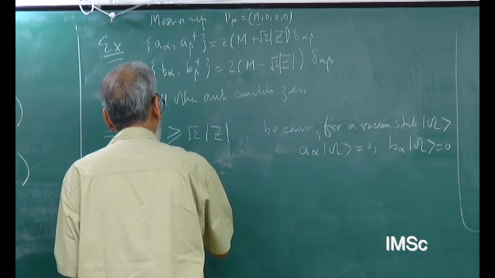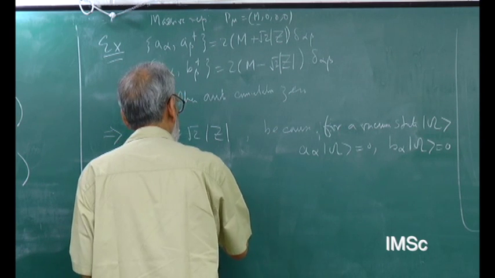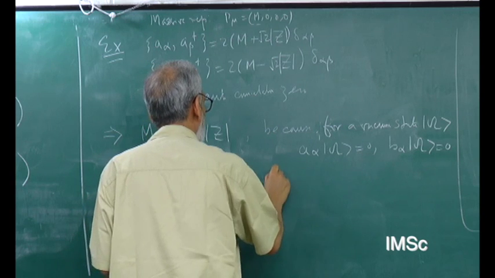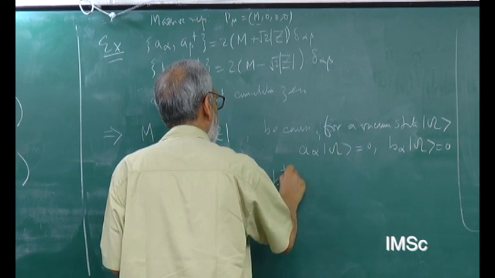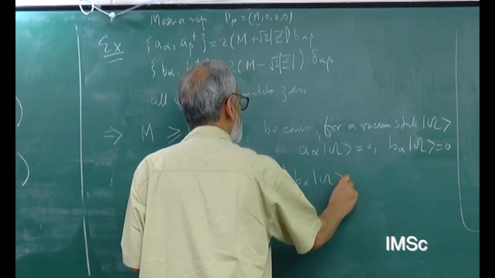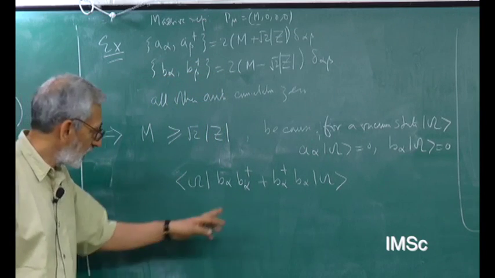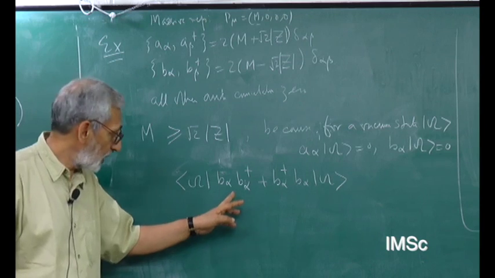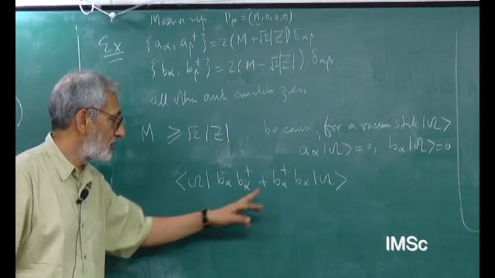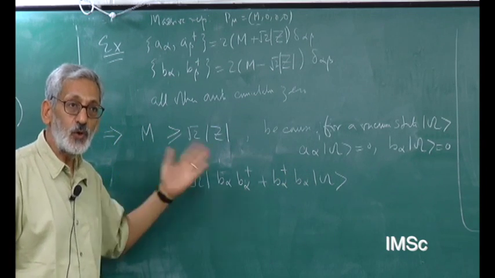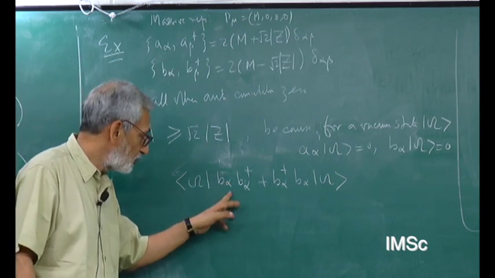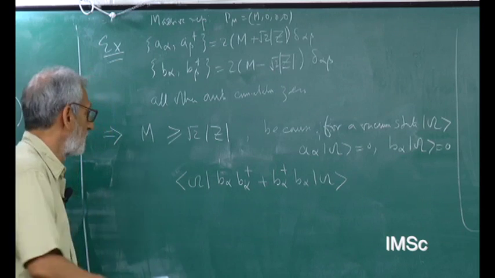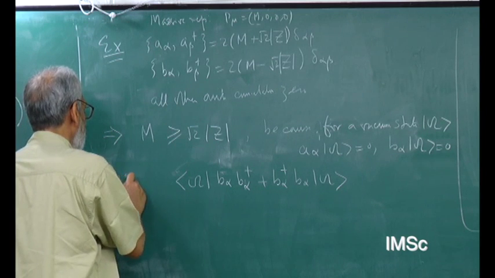In particular, let me calculate the expectation value of B alpha, B alpha dagger plus B alpha dagger, B alpha on omega. Same alpha, alpha, alpha, alpha, but not summed. For a given value of alpha, 1 1, or 2 2, that's a separate equation.